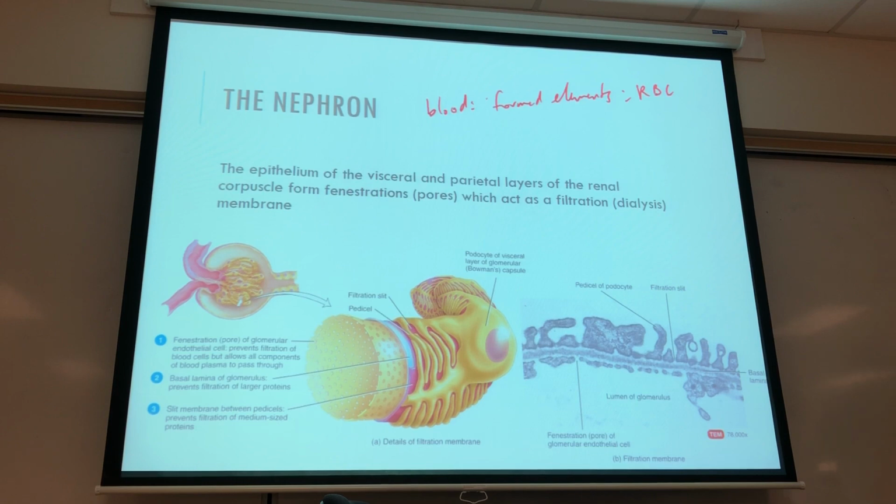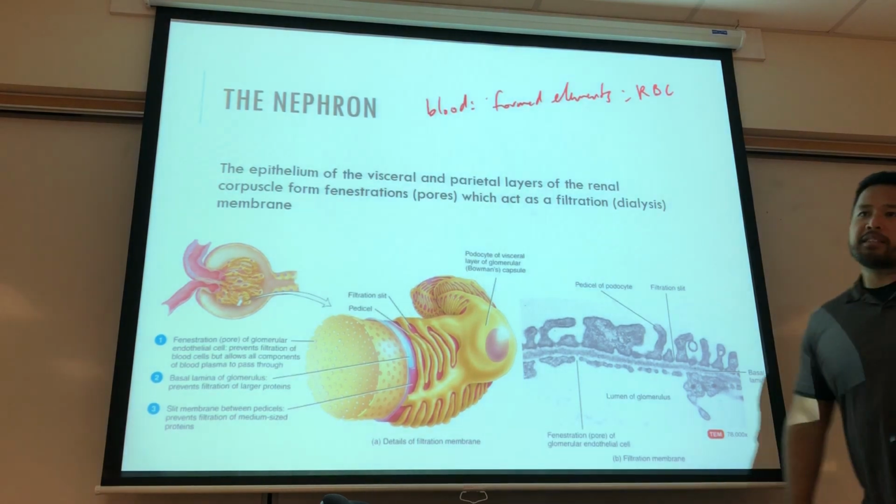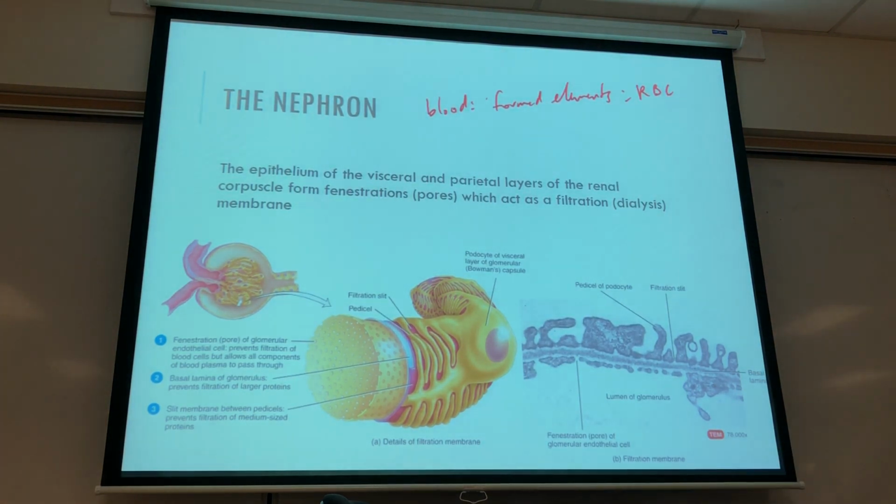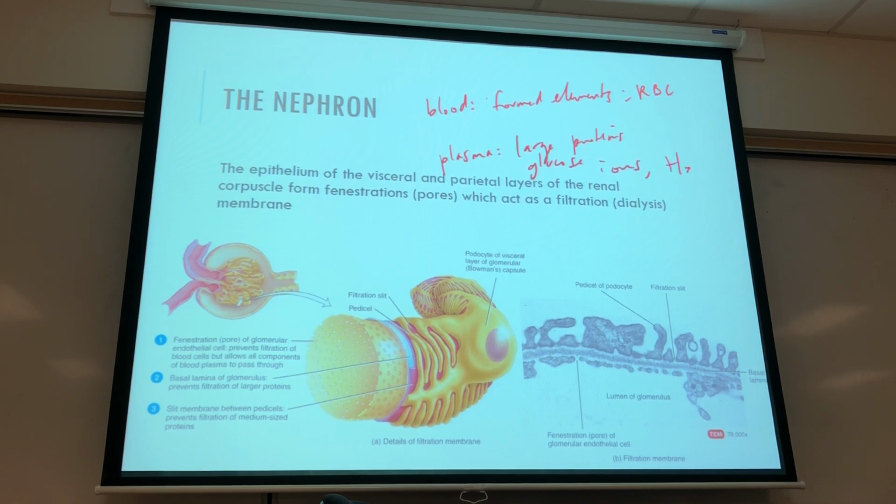Then there are things that are dissolved in the plasma. What's dissolved in the plasma? You've got some large proteins. You've got water-soluble hormones. You've got glucose. You've got ions. And you've got tons of water.